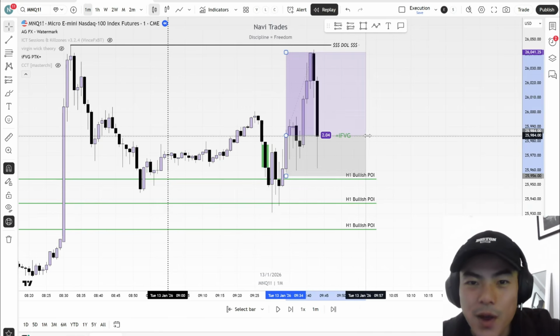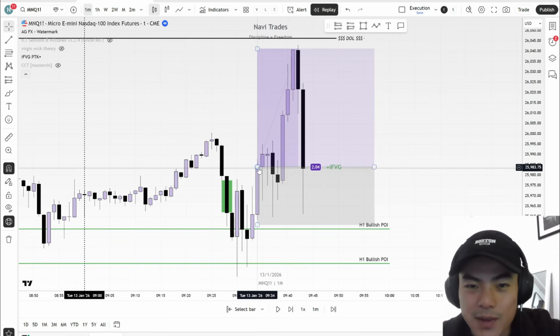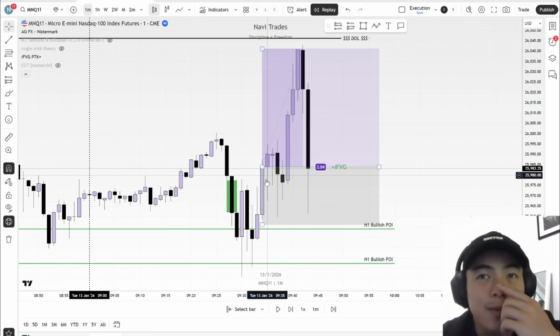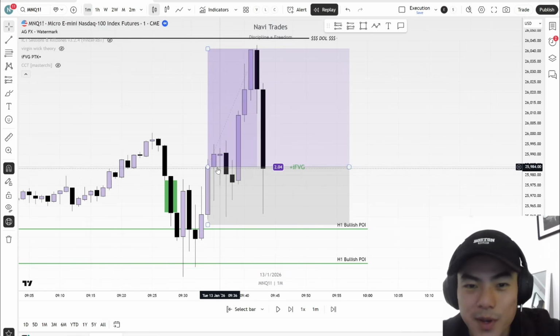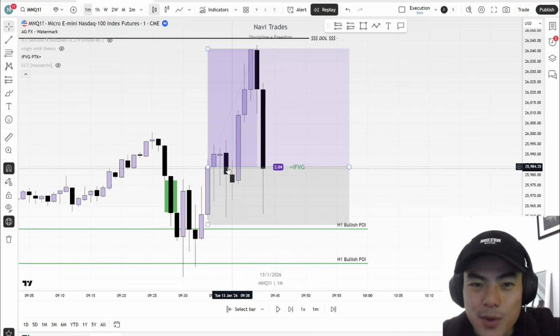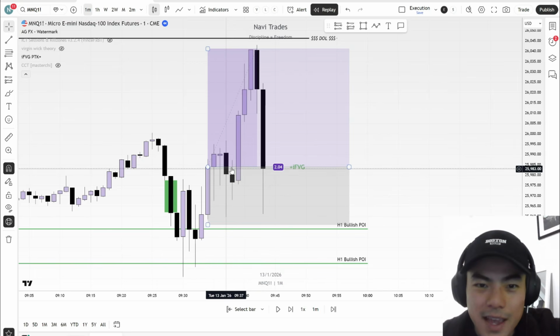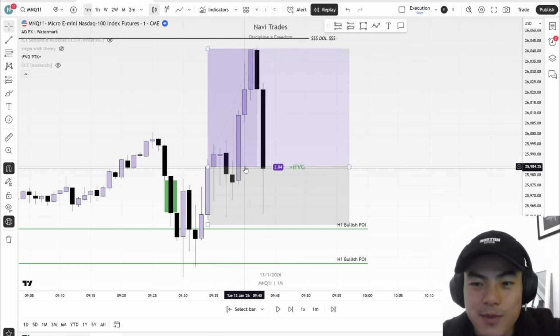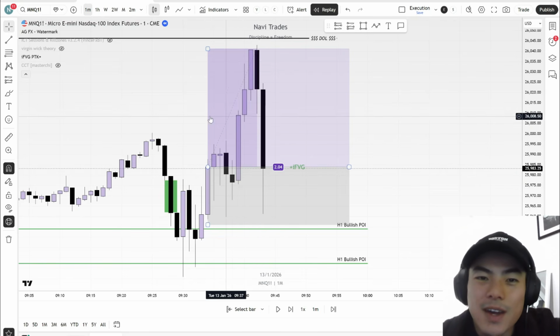Personally, I actually did enter this on this candle on my 50K Flex account, and I thought I had my trade copier running. So I entered here, and then I realized a while after that my trade copier wasn't set up properly. So then I exited the trade at pretty much break even, and I was going to look to re-enter. But by the time I finished setting up the trade copier again properly, price was already like here.